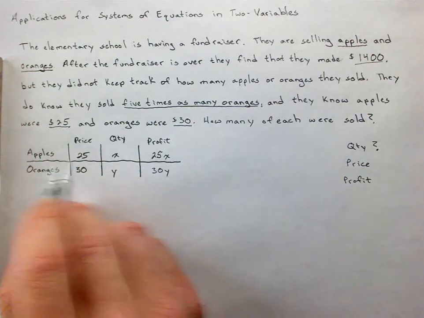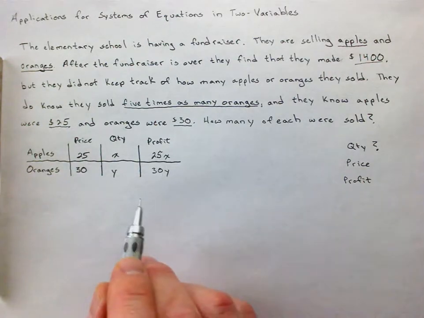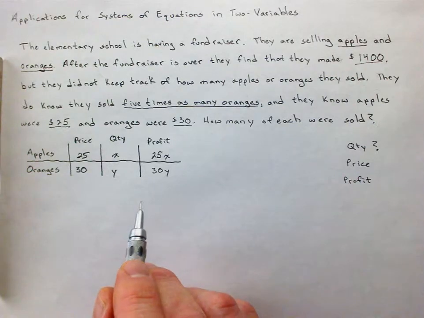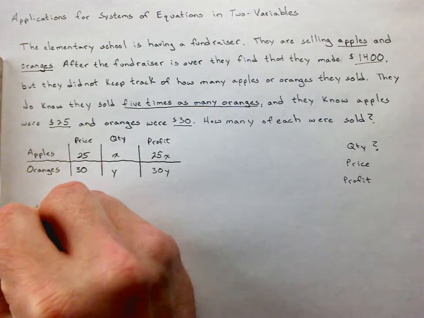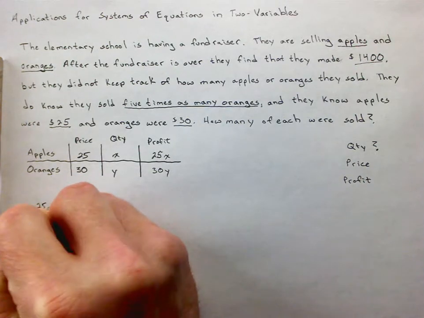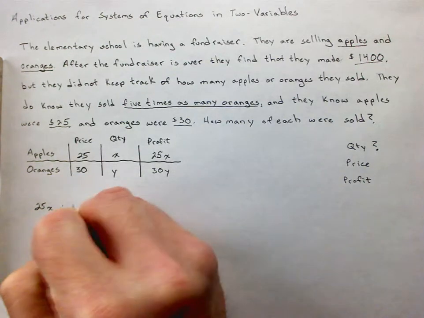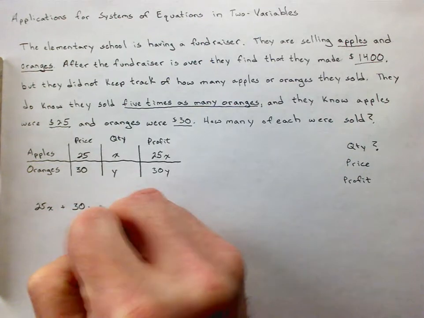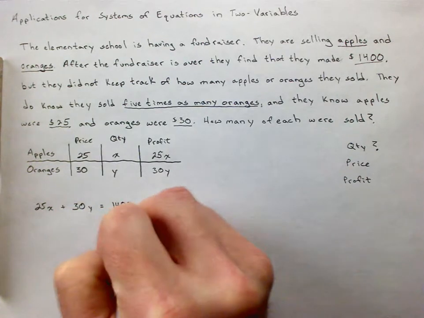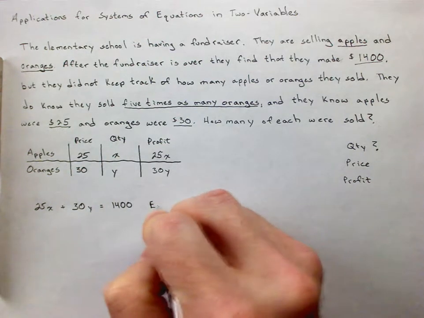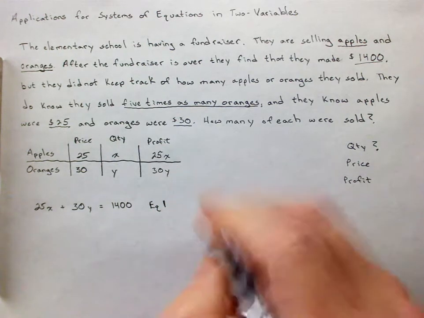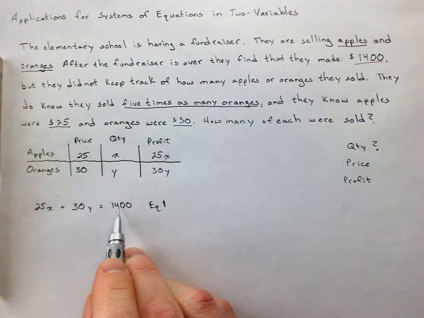Whenever I look at my information here, my first system of equations can simply be 25x plus 30y equals $1,400. This equation 1 more or less deals with my total profit.